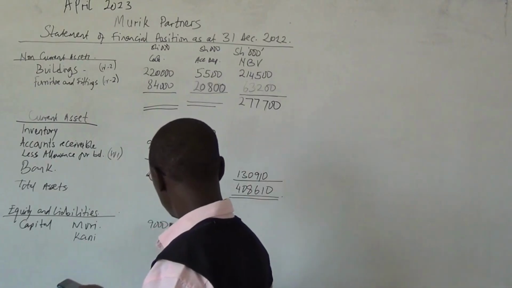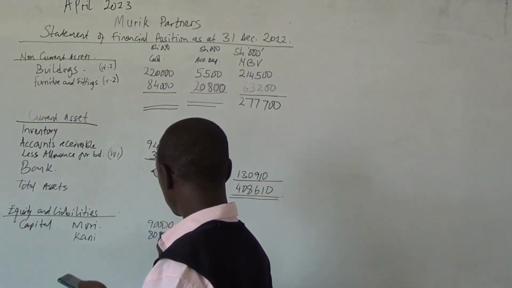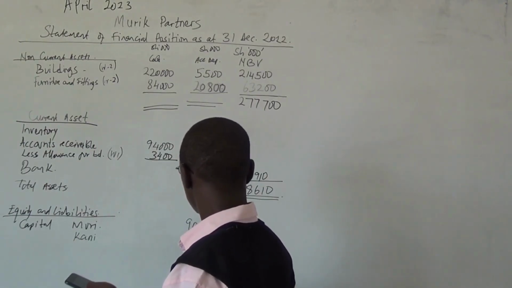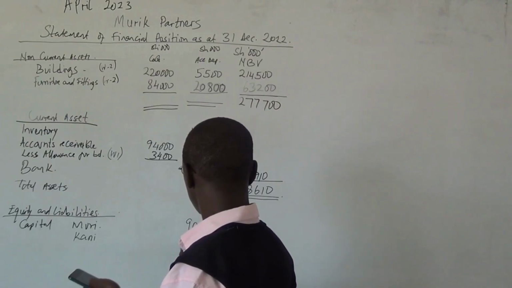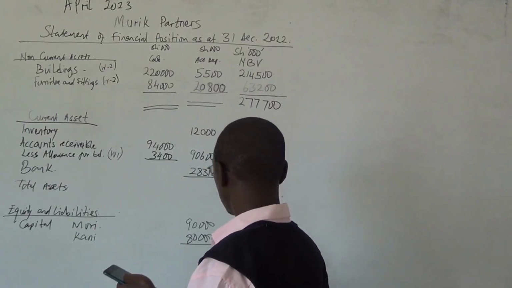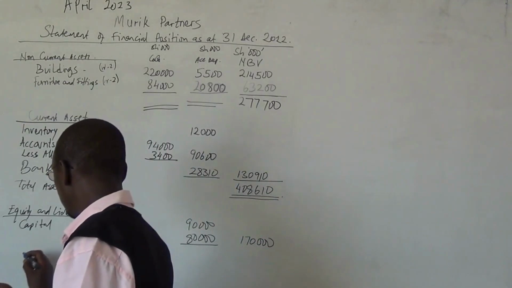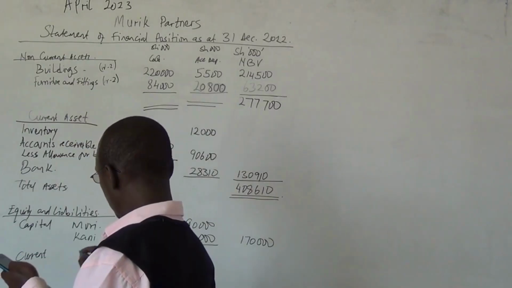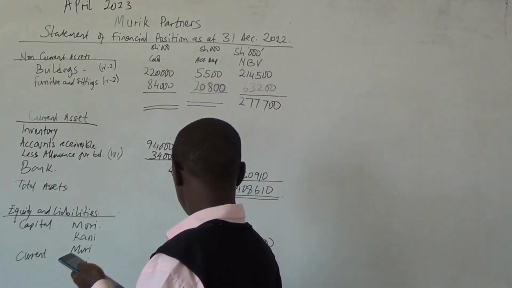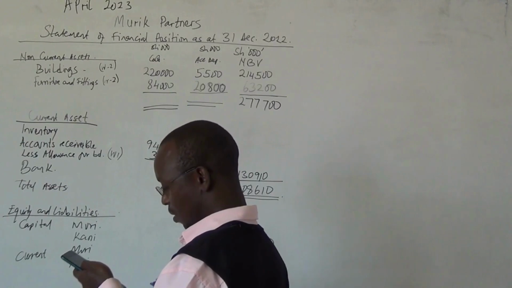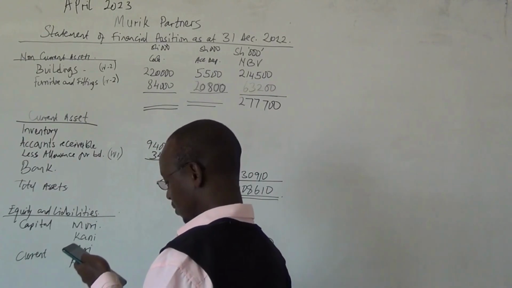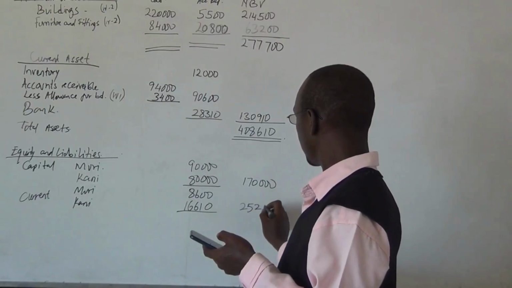It's 90, not 9, it's 90, and this one is 80. 90,000 and 80,000, you add, you get 170,000. Then you add the current accounts. Muri 8,600, Kami has 16,610. Then you add, 25,210.